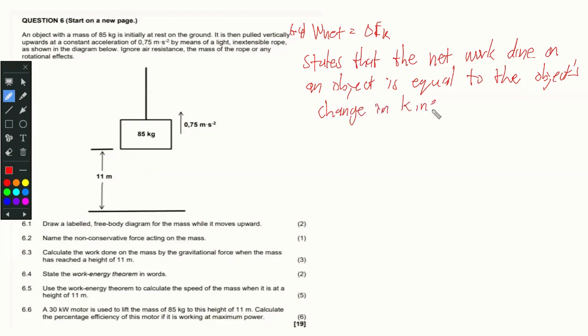So it states that the net work done on an object is equal to the object's change in kinetic energy, right? Then we have it like that.